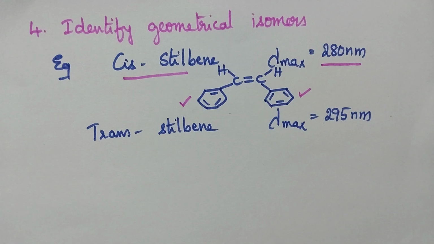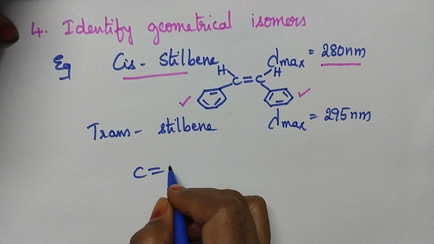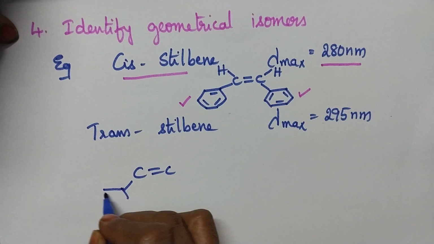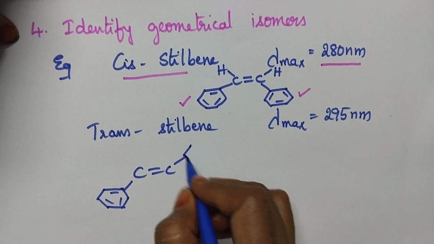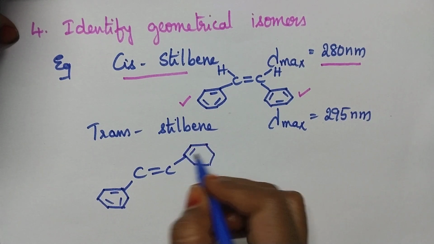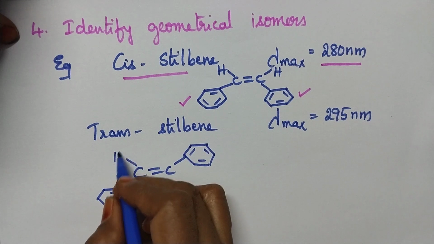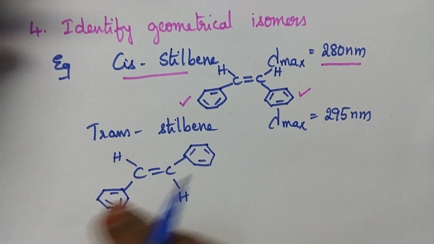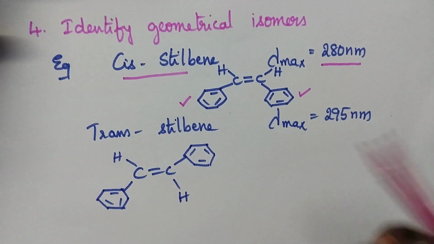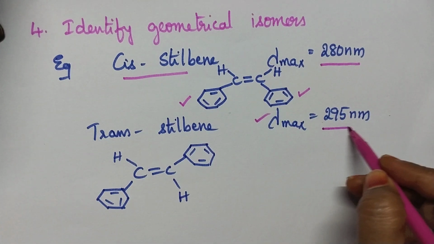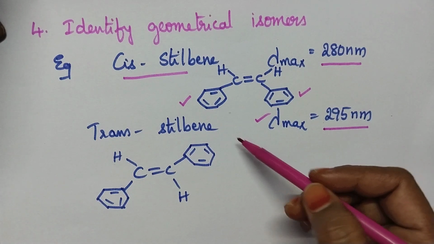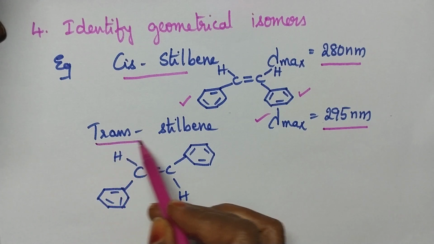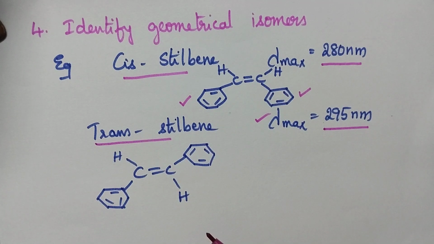Coming to trans-stilbene, here the two bulky groups are present on the opposite side of the double bond, and hence even at low energy the electrons can be excited, and hence lambda maximum is observed at 295 nanometers. So in that way it is possible to identify cis-trans isomers by drawing a spectrum in the UV region.